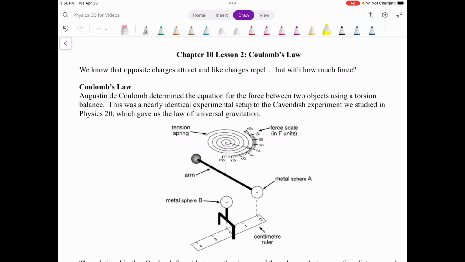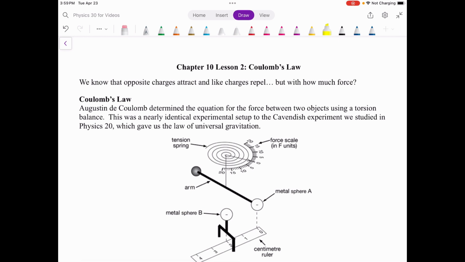Those are forces. So the question naturally came up in physics, is there a way to calculate how much force two charged objects will feel towards each other? Okay, and that is what we're going to start looking at in this lesson, because it turns out there is. So again, we know that opposite charges attract and like charges repel, and that's a force.